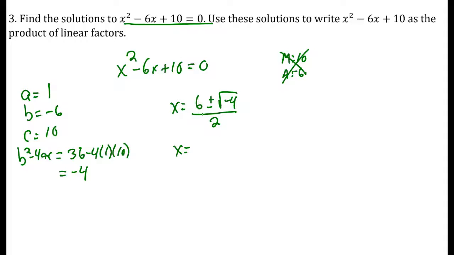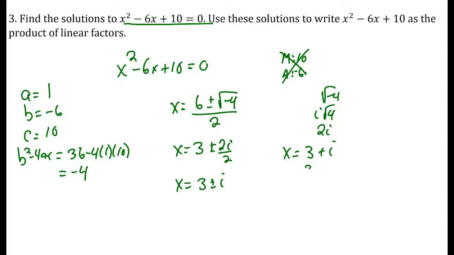So I got x equals 6 divided by 2 is 3, plus or minus radical negative 4 is i radical 4, 2i, over 2. So x equals, because I distributed the division there, 3 plus or minus i. So one solution is 3 plus i, the other solution is the conjugate 3 minus i.